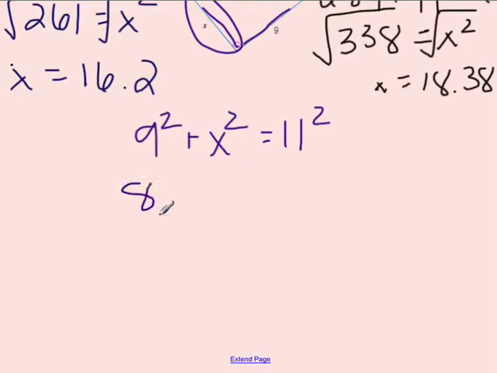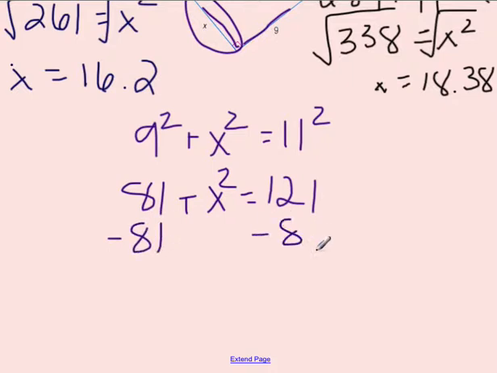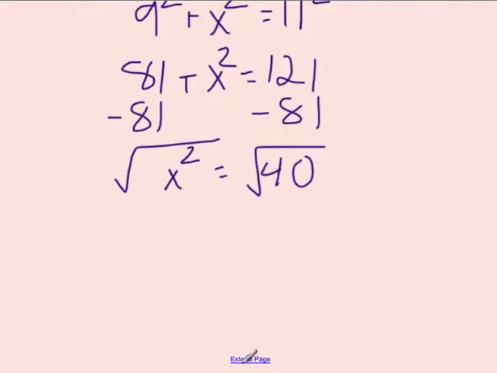So I have 81 plus x squared is equal to 121. Now I want to get that x by itself. Before I take the square root, I'm going to subtract 81 from both sides. Then I get x squared is equal to 40. Take the square root of both sides, and I get that x is equal to 6.32 as our final answer for that one.